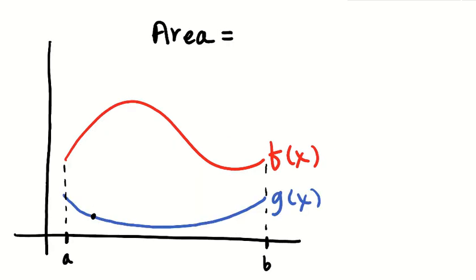But what if I introduced a second curve, g of x, and I was interested in the area between them? Maybe I'll call this region R. I'm interested in the area of region R. I could find the area of region R by taking that integral I was talking about a second ago and subtracting this area, which is given by the integral of g.